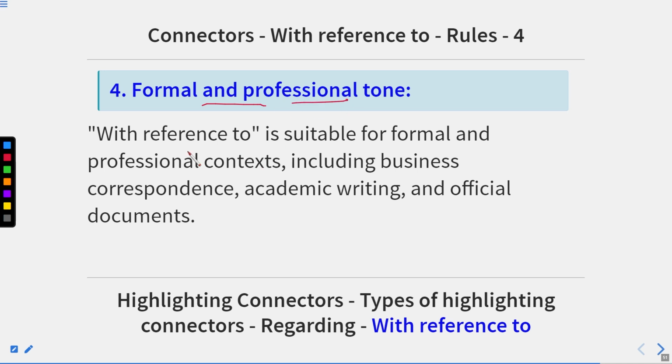Formal and professional tone. With reference to is suitable for formal and professional contexts, including business correspondence, academic writing, and official documents. Now, basically in informal speaking or writing or communication, we do not use such words or connectors, but if it is a professional context, including business correspondence, we basically use these types of phrases just to highlight the points in the formal way.